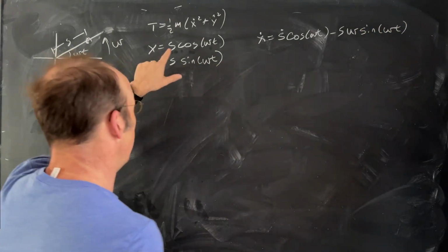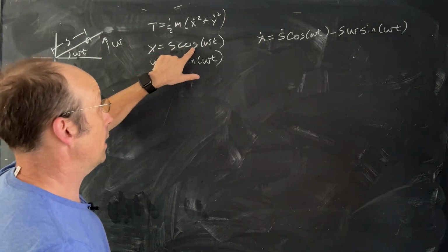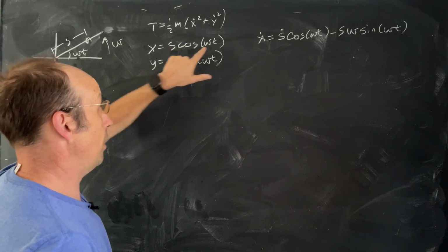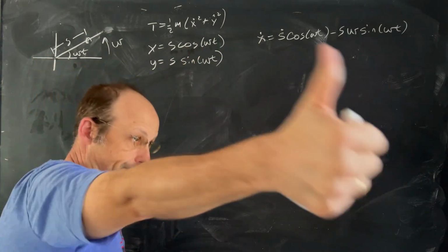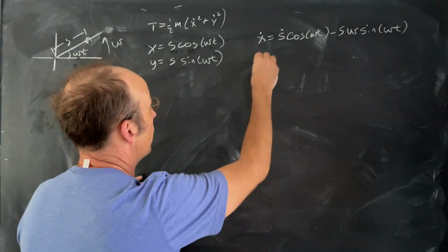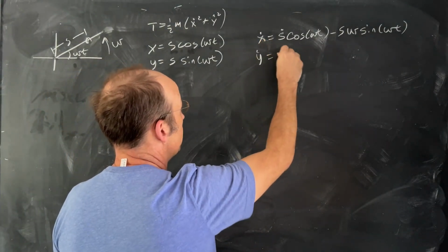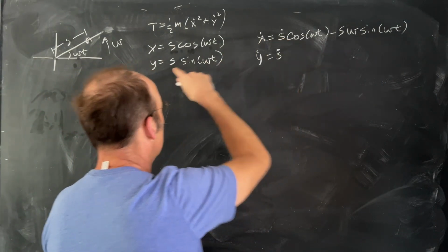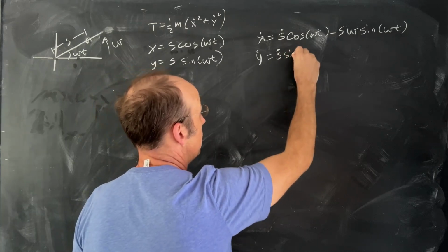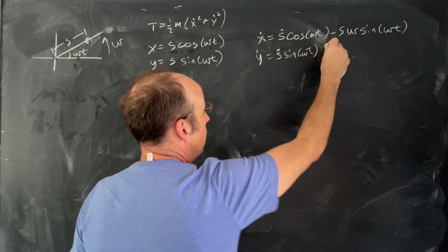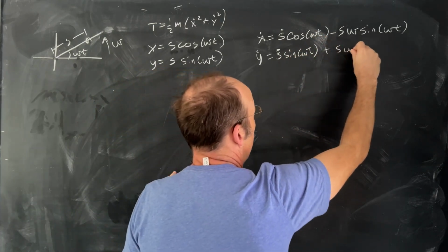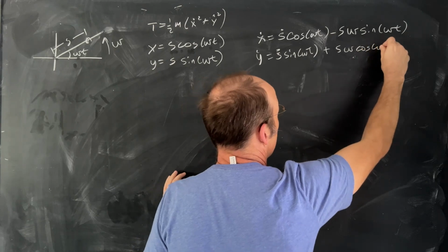So take the derivative of the first, s dot, times this, plus the derivative of this times that, but I have to take the derivative of the inside too. Okay. Now we can do y dot. Y dot is s dot sine omega t plus s omega cosine omega t.